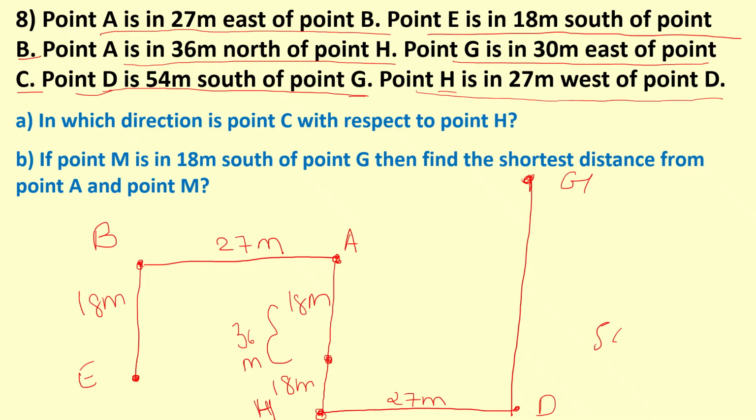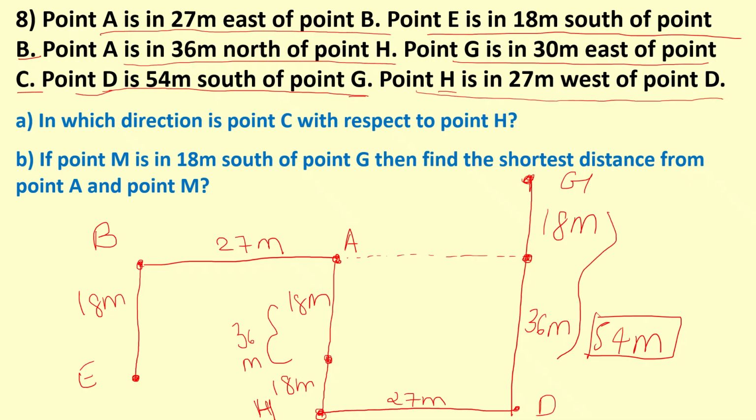Correct? So this total if I do here 18, 18, this is 36 meter. So to make it 54 meter, how much I need here? It will be 18 meter. Correct? Understanding, bro? So this total will make 54 meter.